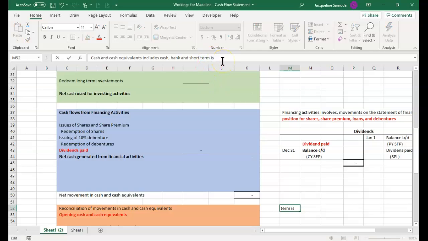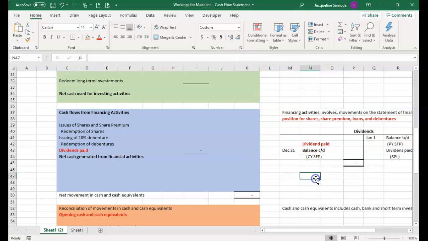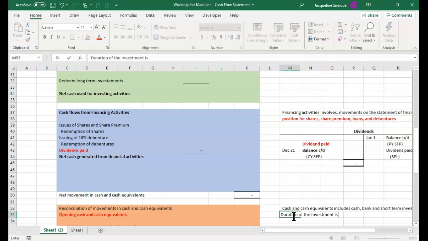Let me put that in, that word is missing. Short-term investments. And an investment is identified as short-term if the duration of the investment is 90 days or less. Let me put that in. 90 days or less.